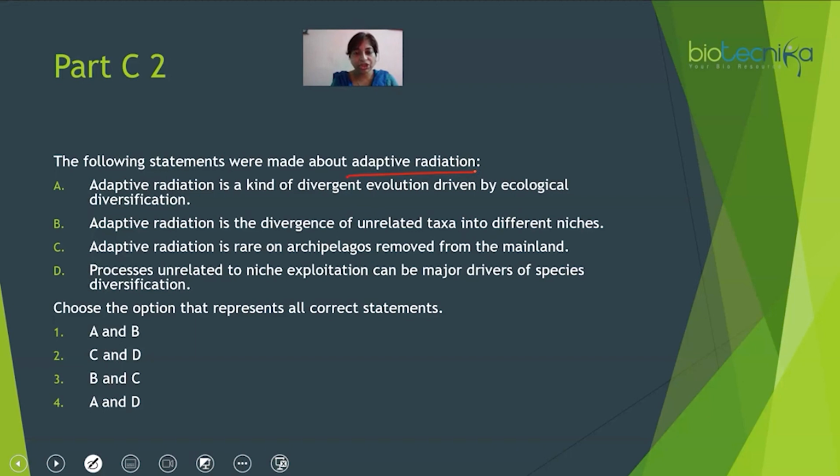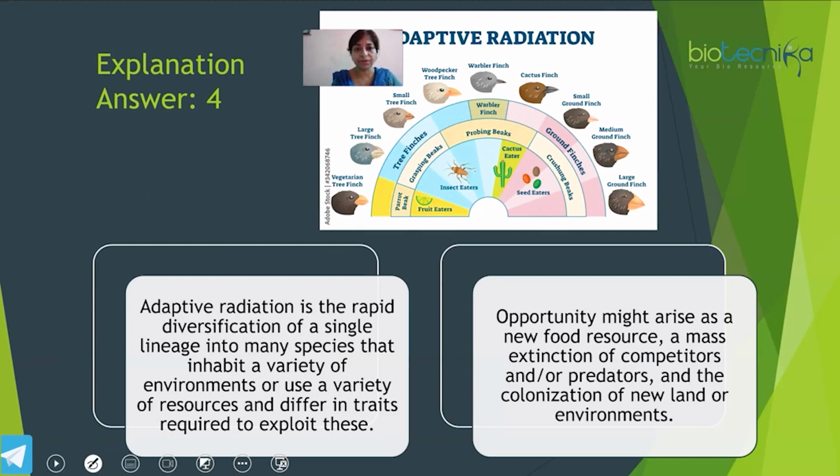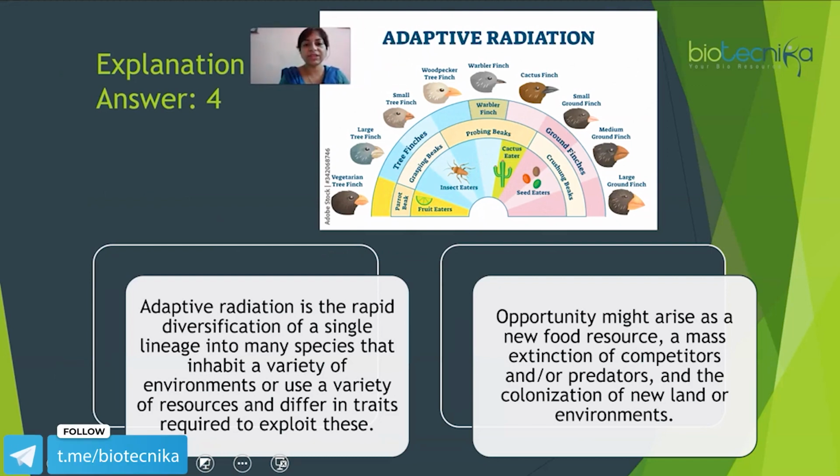Now what is adaptive radiation? Adaptive radiation talks about the fast diversification of a group into a large number of different species because of evolutionary processes. The best example of adaptive radiation is Darwin's finches. The original finch was present in the mainland, and when it migrated to different islands of the group, they all encountered different environments.